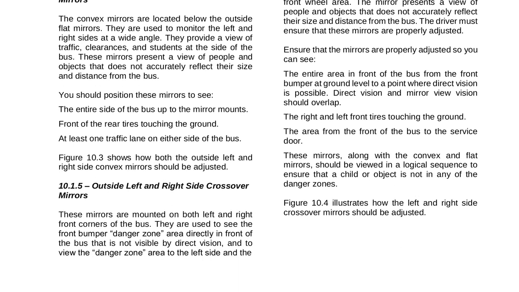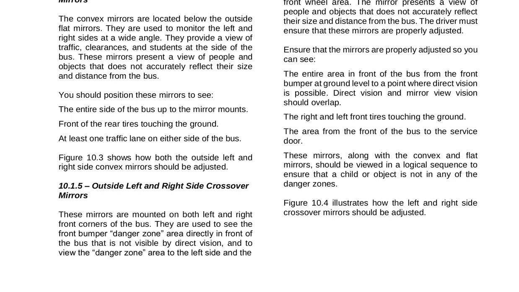Ensure that the mirrors are properly adjusted so you can see the entire area in front of the bus from the front bumper at ground level to a point where direct vision is possible. Direct vision and mirror view vision should overlap. The right and left front tires touching the ground. The area from the front of the bus to the service door.